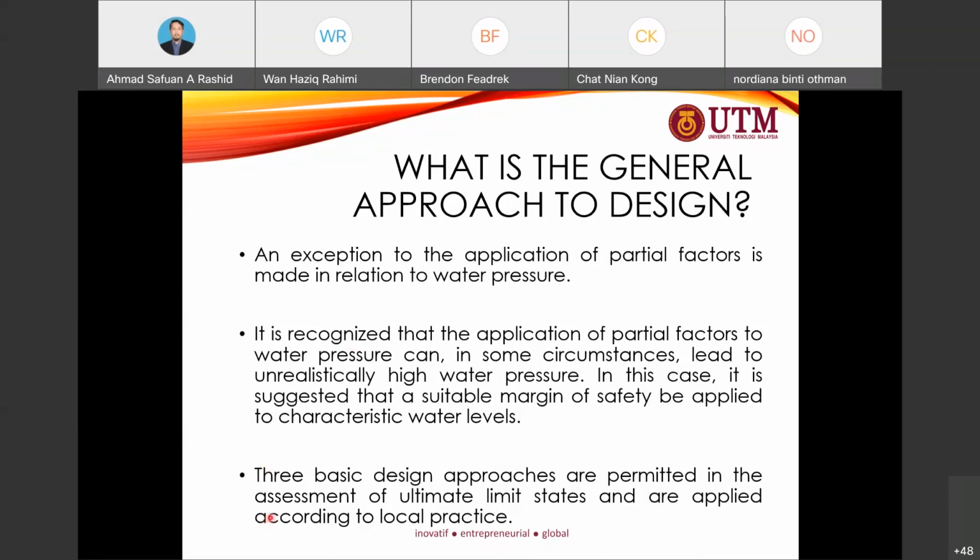In this case, it is suggested that a suitable margin of safety be applied to characteristic water pressure. Three basic design approaches are permitted in the assessment of ultimate limit state and are applied according to local practice, for the water pressure.